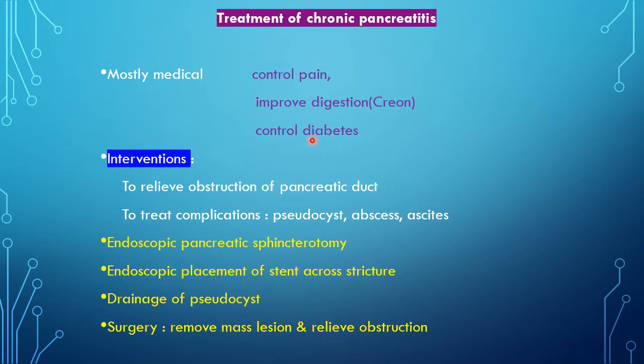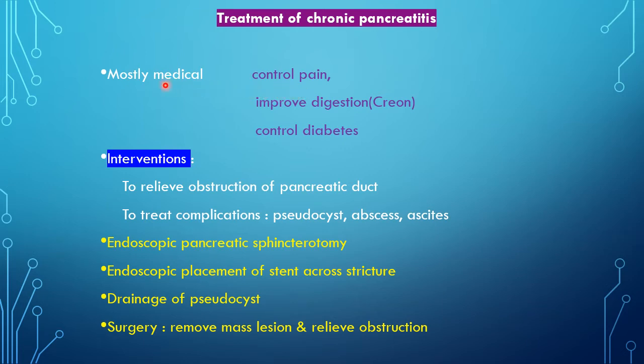Treatment of chronic pancreatitis is mainly medical, threefold. A three-pronged attack to treat chronic pancreatitis. Pain control is one of the most important because, as I said, these patients are in chronic pain, which prevents them from eating and also prevents them from doing work, and they are progressively losing weight.